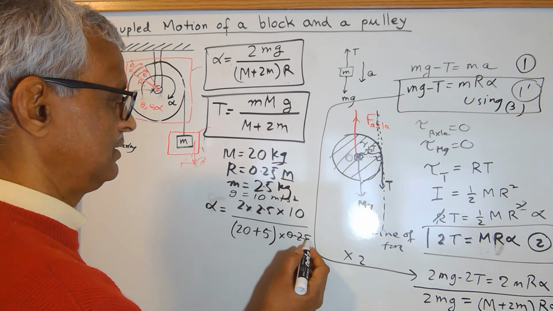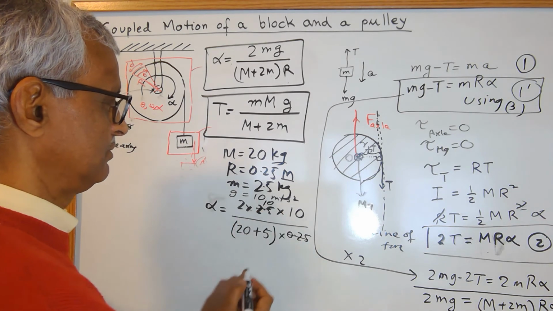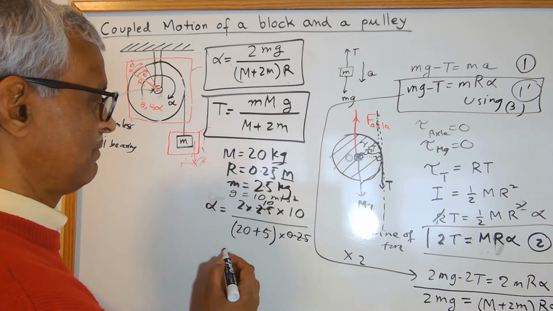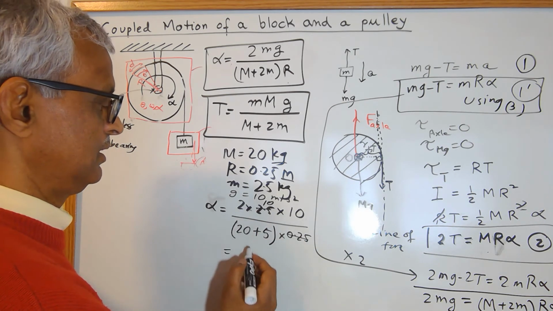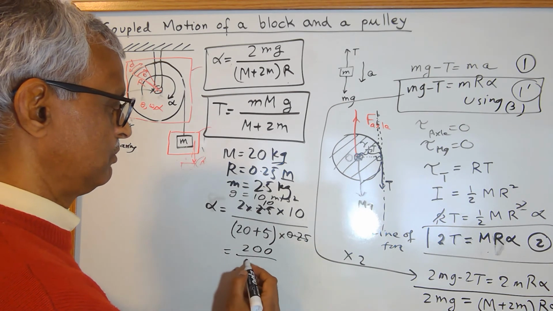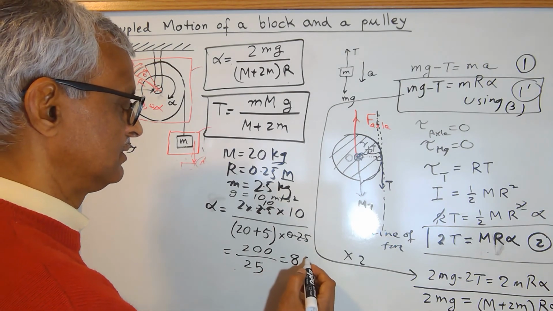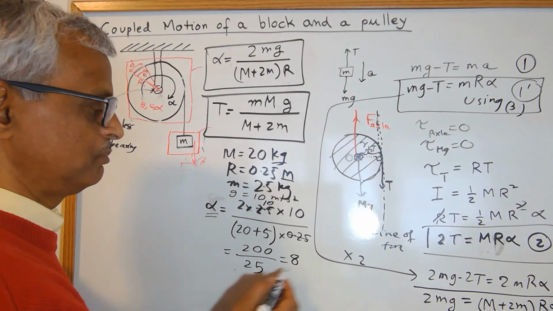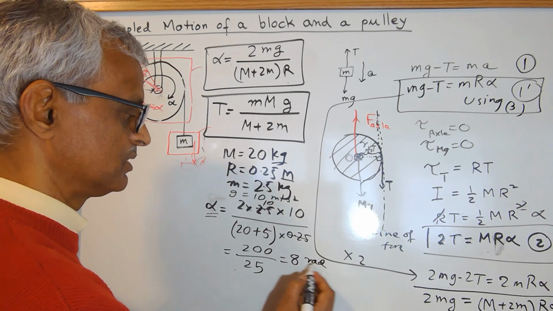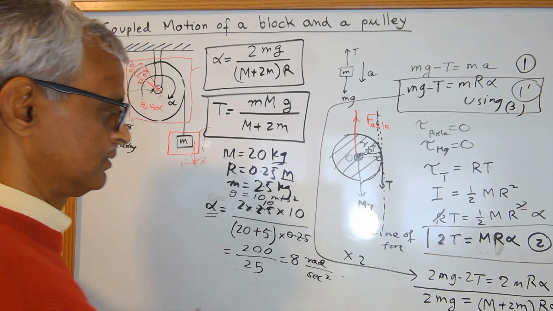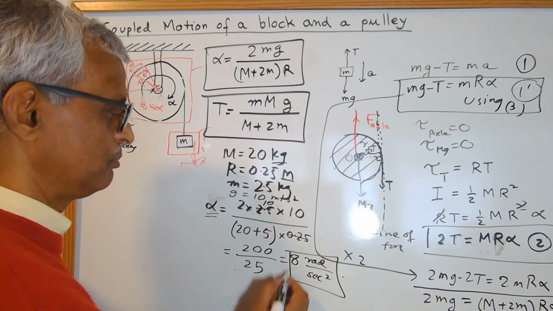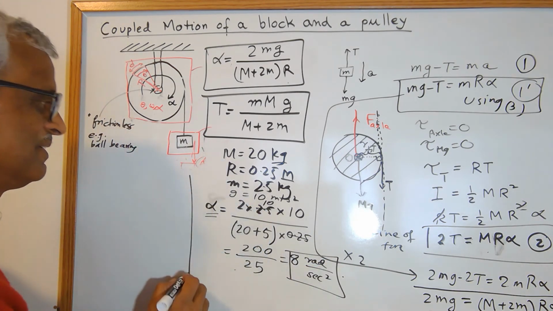This with this gives me another 10, and so this is 200 divided by 25, and so this will be 8. Now this is alpha, so not meter per second squared, it's going to be radian per second squared.